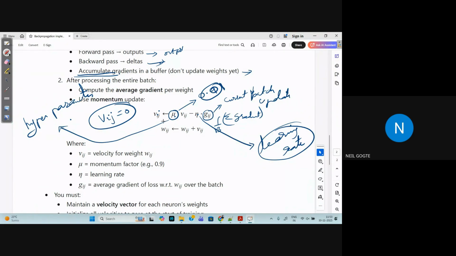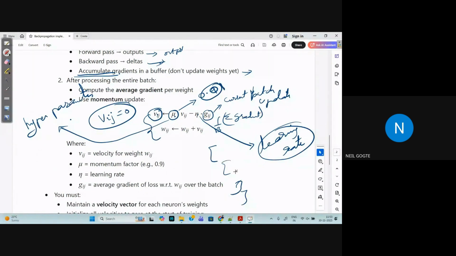So this is the governing equation. It goes on with the gradient descent calculation we have calculated earlier, decides on mu, computes a velocity. This is kept for every weight. So this velocity data structure will mimic the gradient data structure.